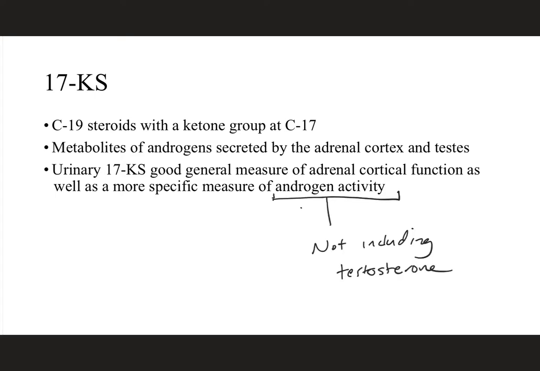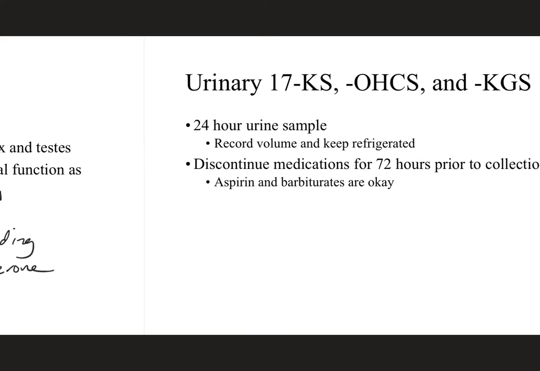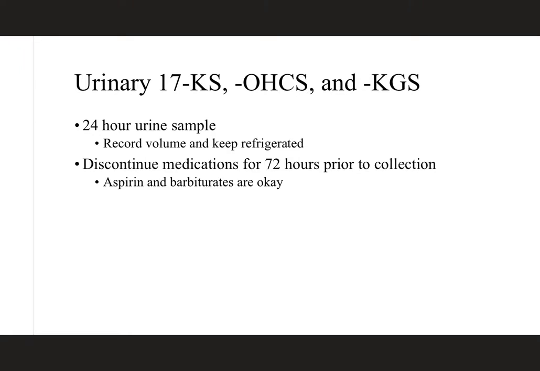All right. Moving on here. When it comes to the lab side of things, urinary 17-KS, OHCS, and KGS are measured in urine samples, and we want 24 hours ideally. So these are tests where the patient collects for that 24-hour period, and we have to make sure that it's kept refrigerated.